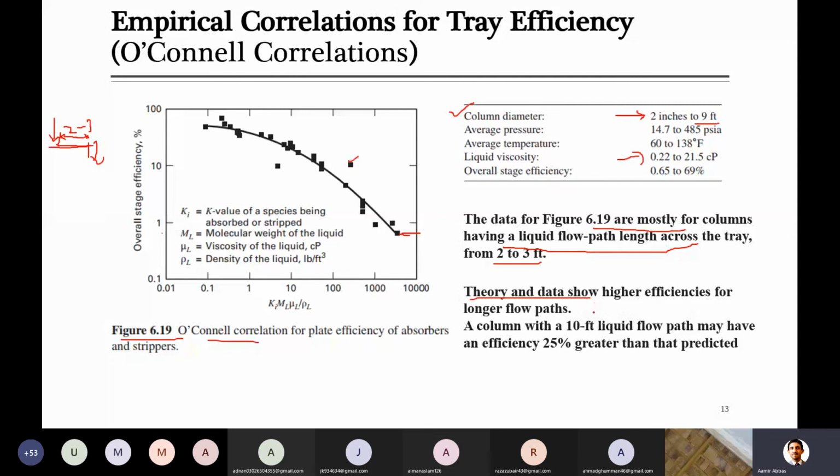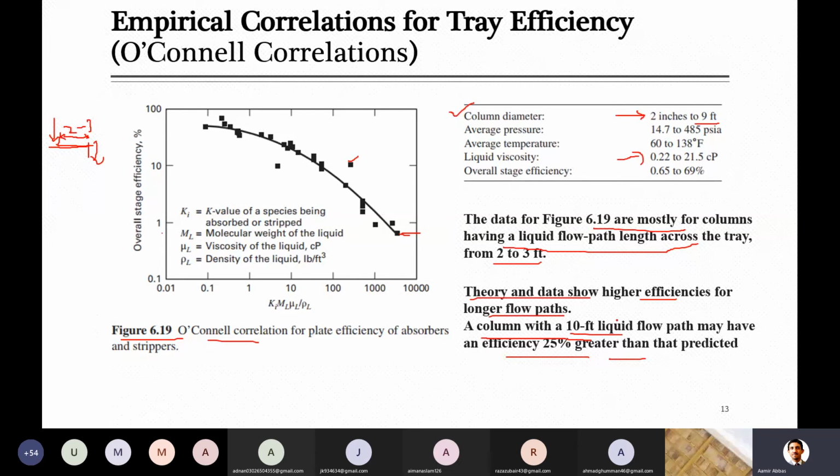In those cases, it was observed that efficiency was even higher. For example, here it is mentioned that with a column of 10 feet liquid flow path, although this method assumes only a 2 to 3 feet liquid path, if the liquid flow path increases to 10 feet, then efficiency can be 25% greater than predicted by this method.